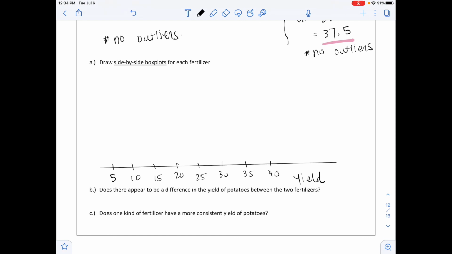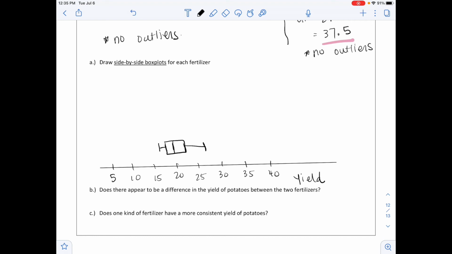So I'm going to go ahead and do fertilizer A first. The 5-number summary of fertilizer A was at 16. Do the best you can on this. Q1 was at 18. 19.5 is our median, 22, and then 27. So again, that middle part makes our box. And then extending out.